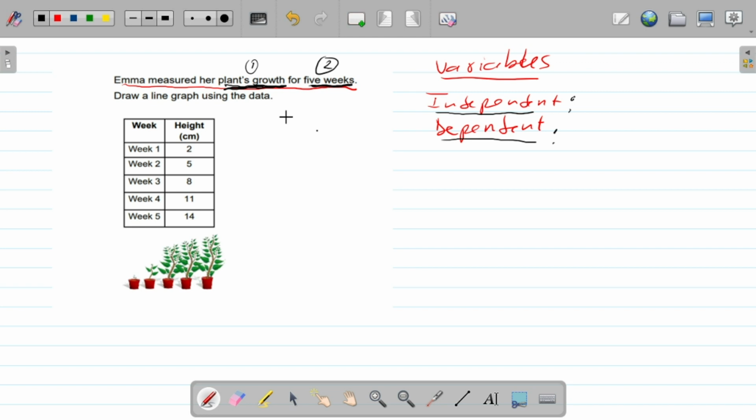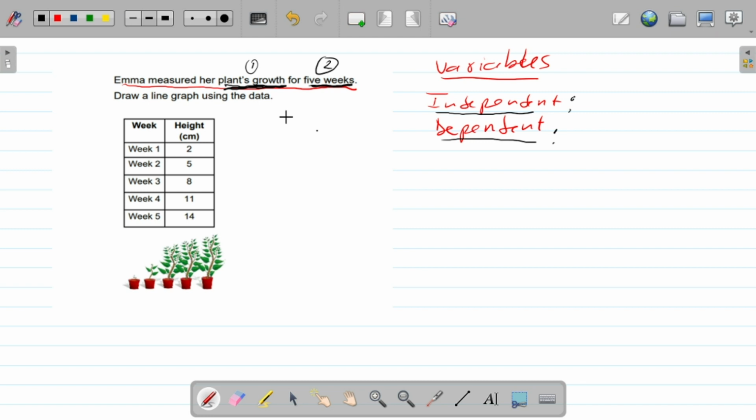I always say, after you identify your variables, say to yourself, which one is dependent on which? Is the growth of a plant dependent on the time in weeks, or is time in weeks dependent on plant's growth?